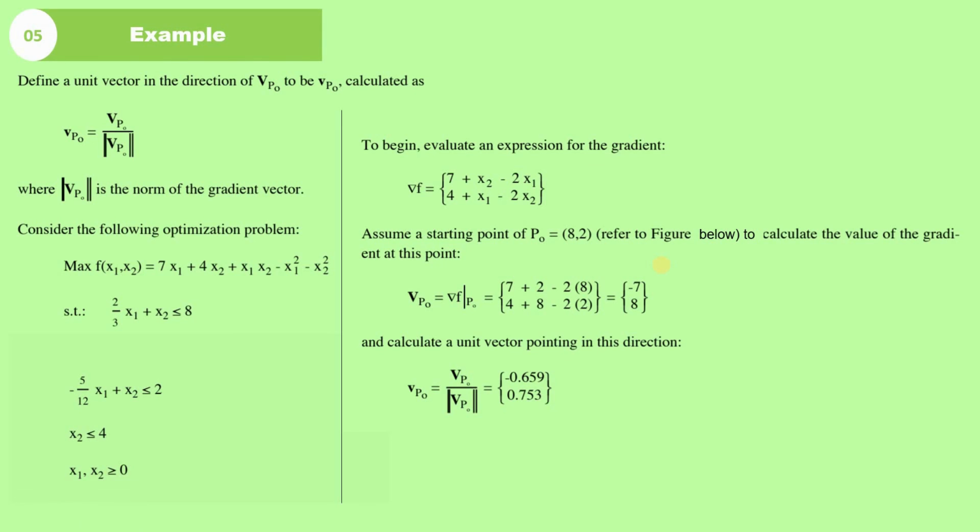To calculate the value of the gradient at this point, Vp naught equals 7 plus 2 minus 2 into 8, and 4 plus 8 minus 2 into 2, which gives us minus 7 and 2. Calculating the unit vector pointing in this direction, we get minus 0.659 and 0.753.